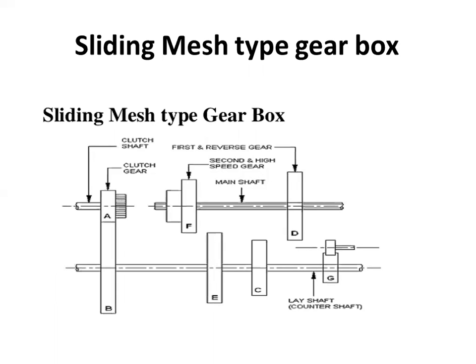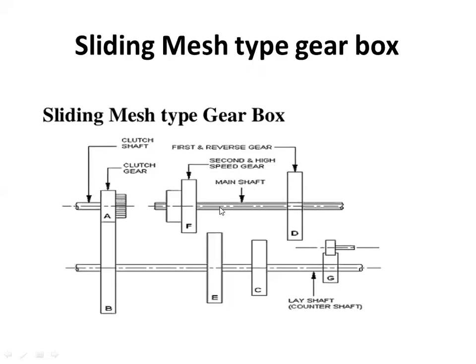This is the figure of the sliding mesh type of gearbox, in which this is the lay shaft, this is the clutch gear, this is the clutch shaft, this is the main shaft, first and reverse gear, and second and high gear. Then what is the construction? The lay shaft is also called the counter shaft, on which the gears are mounted.